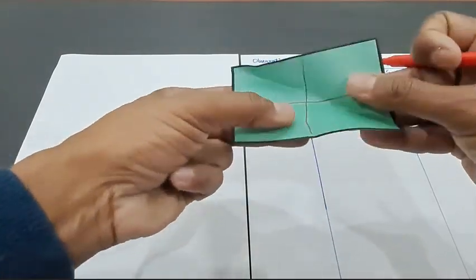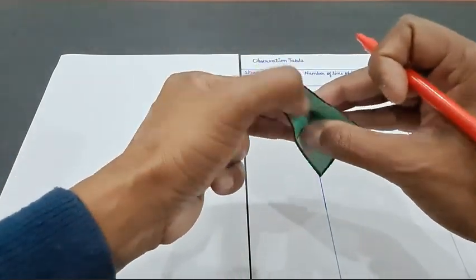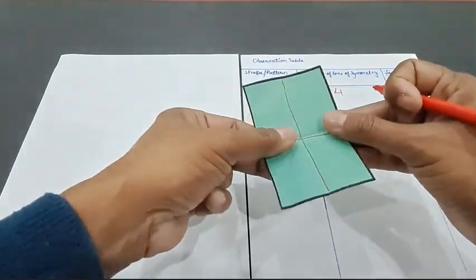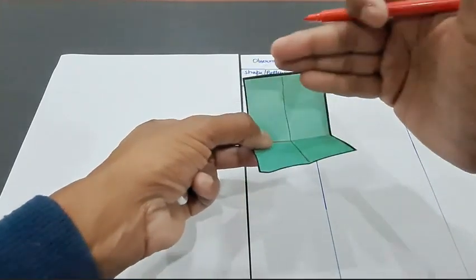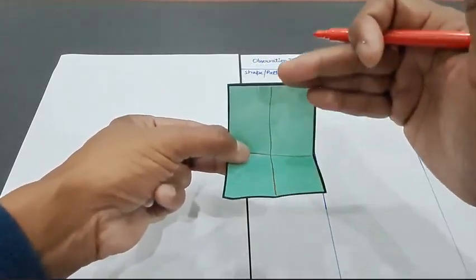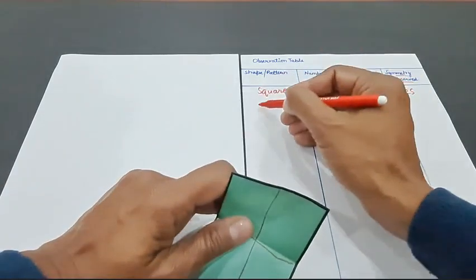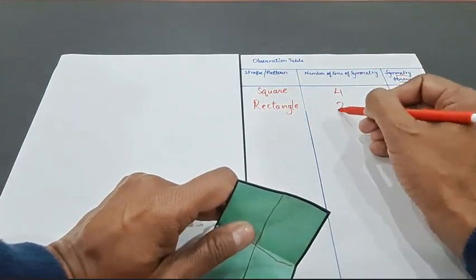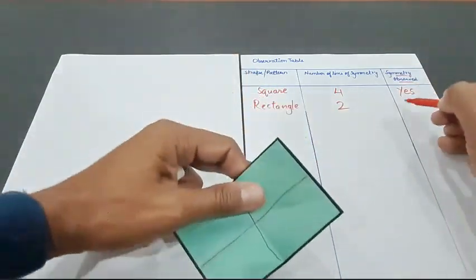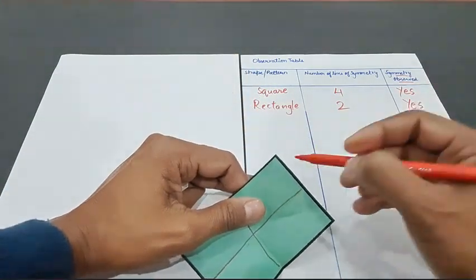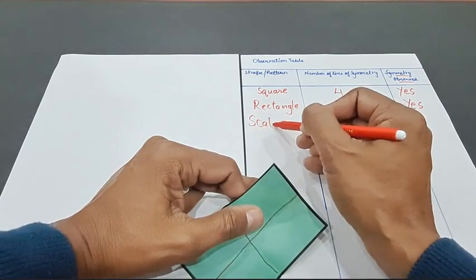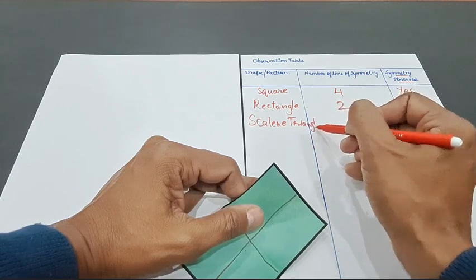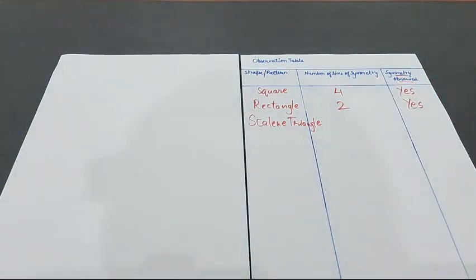You can verify the two mirror images using the plane mirror also. If you keep a mirror as the line of symmetry, on both sides of the mirror you will have an identical image. And so the rectangle has only two lines of symmetry as seen here, and symmetry is observed. Now I am using a scalene triangle, in which the three sides are different.